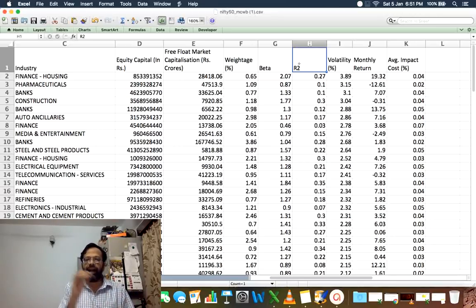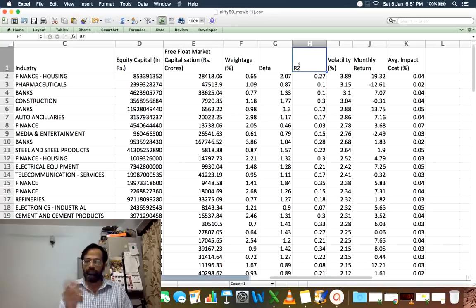Beta and R2 are related: you can worry about how volatile a stock is with respect to an index only when the movement of the stock is highly correlated with the index. If the price correlation is poor, then beta doesn't make sense. So R2 is the price correlation, and beta is the relative volatility of the stock with respect to the index.